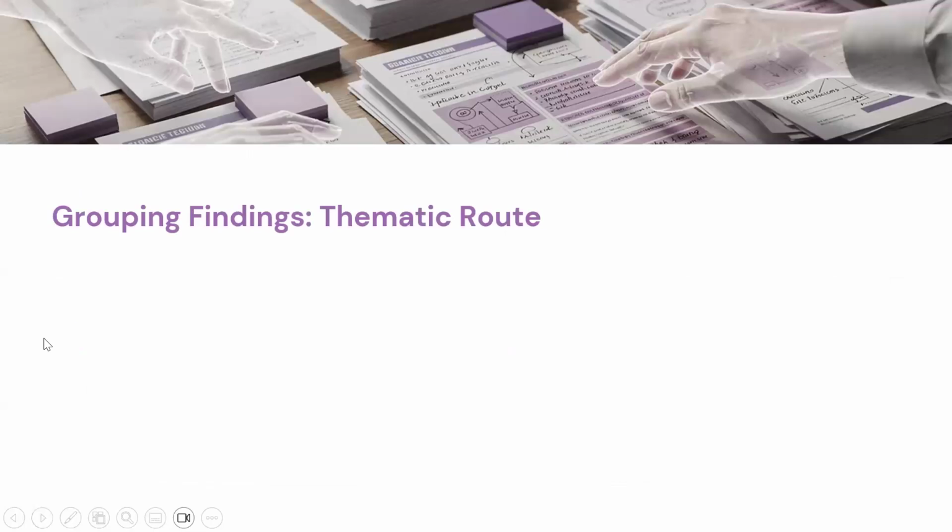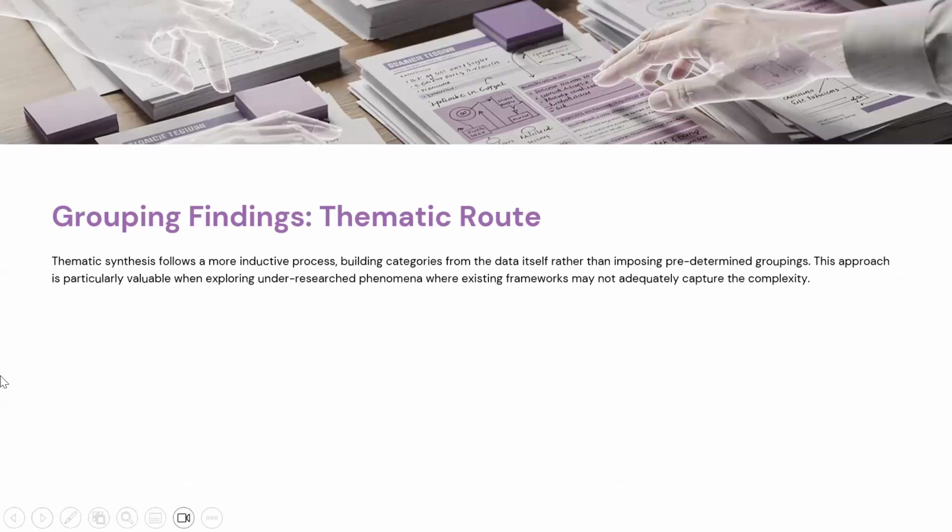So another way, obviously, of grouping the findings would be using the thematic route. A thematic synthesis follows a more inductive process. It builds categories from the data itself rather than imposing predetermined groupings. This approach is particularly valuable when exploring under-researched phenomena where existing frameworks may not adequately capture the complexity.